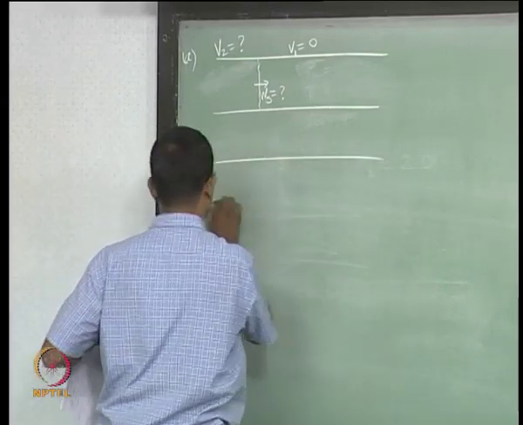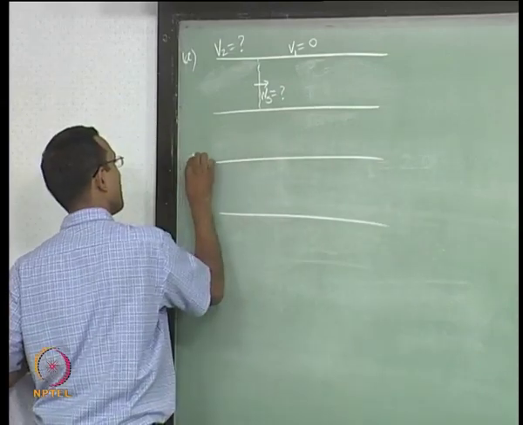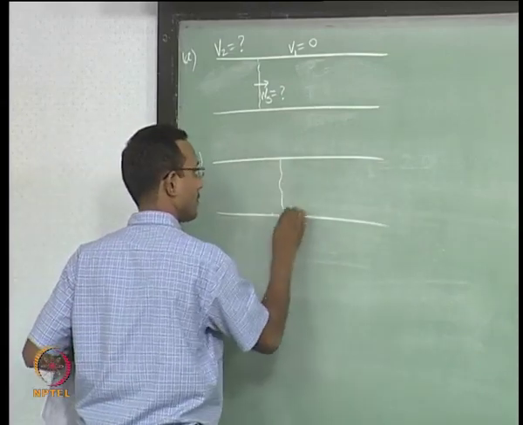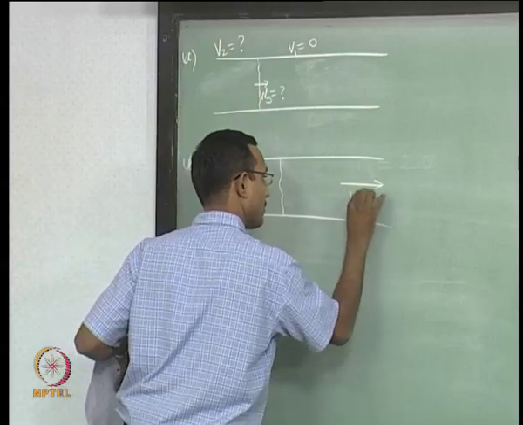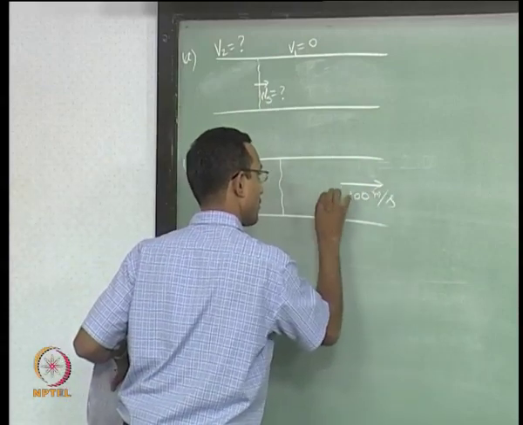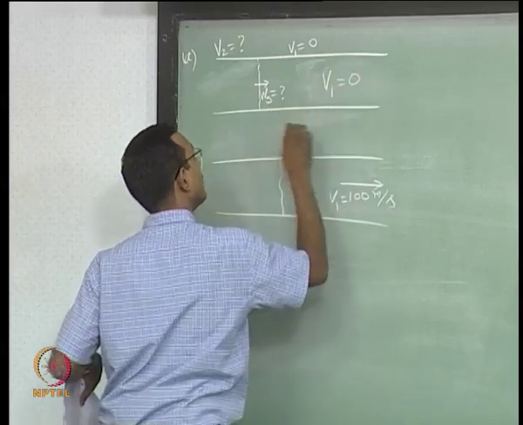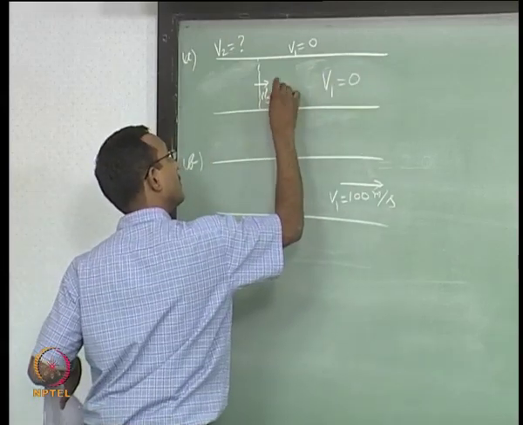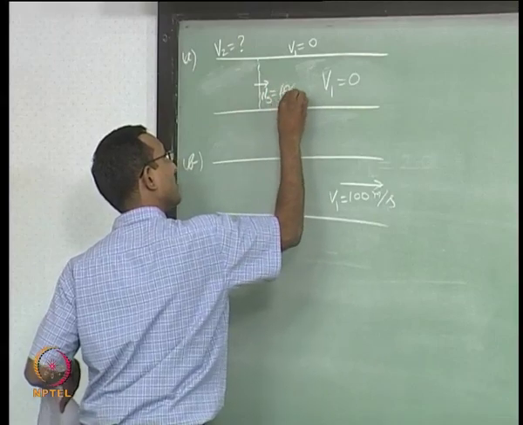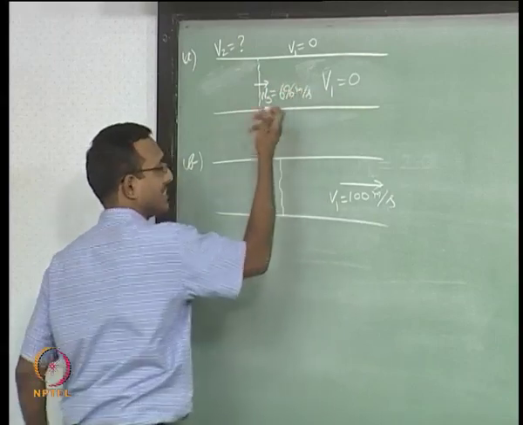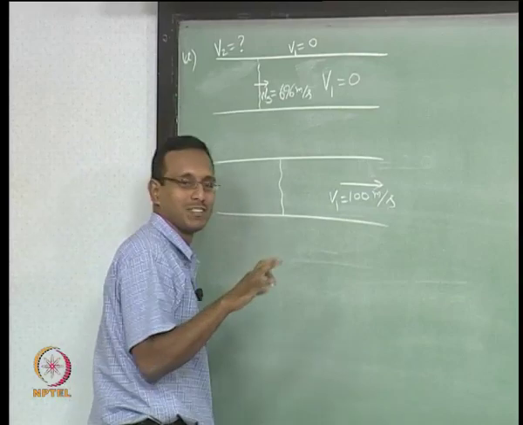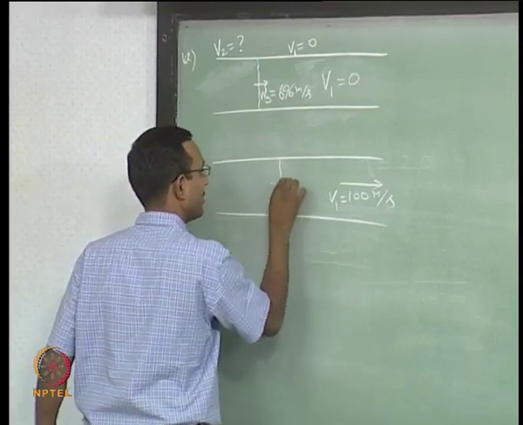Problem B. I am putting 696, it was 696.4, that does not matter so much for us.